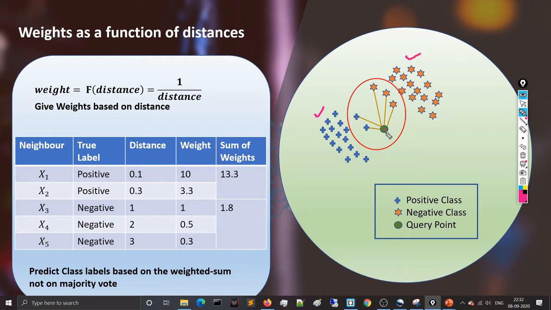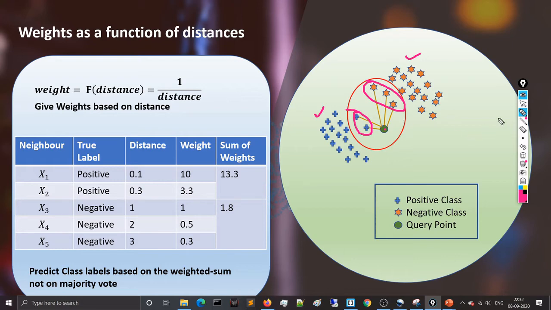For this query point we calculated the 5 nearest neighbors and we encircled them just for your clarity. Here you can see that out of 5 neighbors, 3 belong to the negative class and 2 belong to the positive class. So from the basic majority vote, it should belong to the negative class, right?